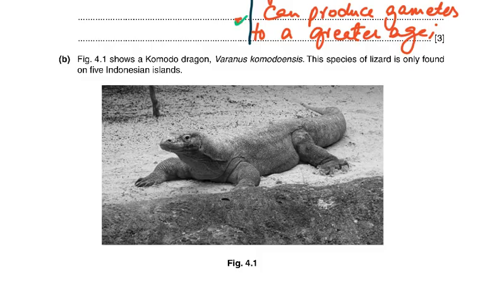Then part B of the question says figure 4.1 shows a Komodo dragon. This species of lizard is only found on 5 Indonesian islands. So this huge thing is found only on those islands, so it won't be that huge then, I think.